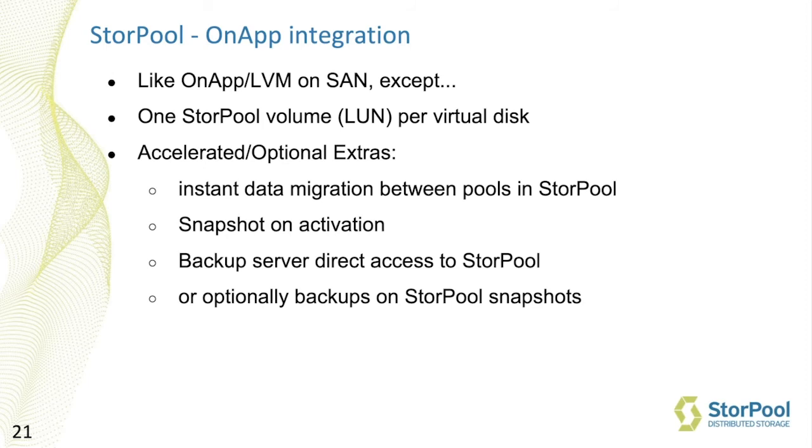When it says optionally, it means you can turn it off or on depending on your use case. Optionally, you can switch OnApp backups from being files on a backup server to being snapshots in StorPool, which for some use cases is the preferred way of keeping backups.